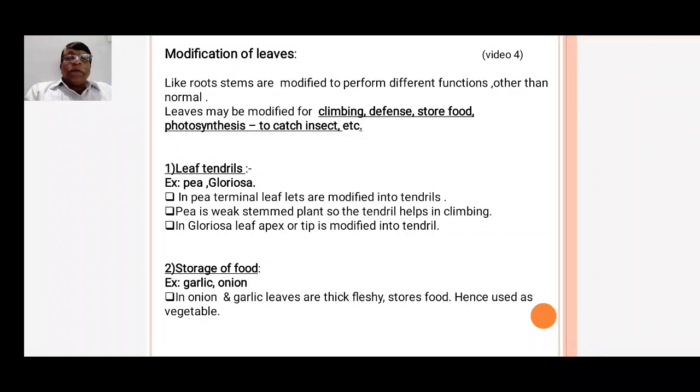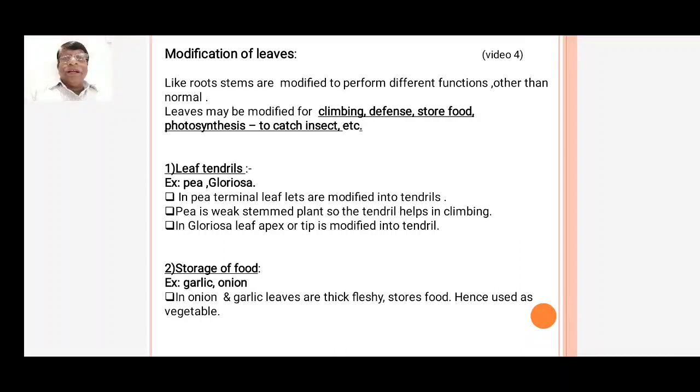If we examine the plant Gloriosa, as I told you, it produces beautiful flowers. It's a monocot, a weak-stemmed plant.